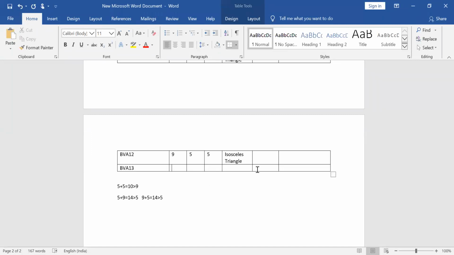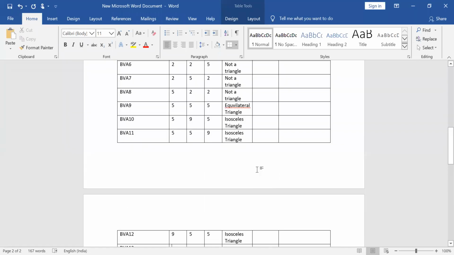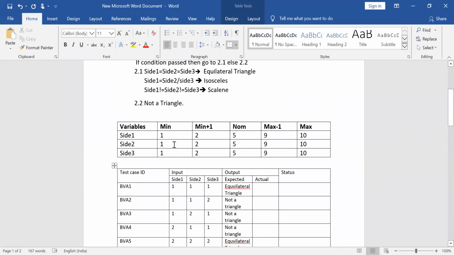So in order to form a scalene triangle, no side should be equal, right? That's what the condition is. With respect to that condition, how can I take the values from this? If I take 1, 9, and 10, can I form a triangle? It's impossible, because 1 and 9 is ruled out. 1 plus 9 is 10, which is equal to 10.